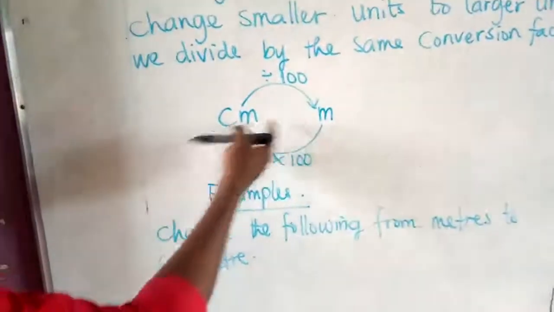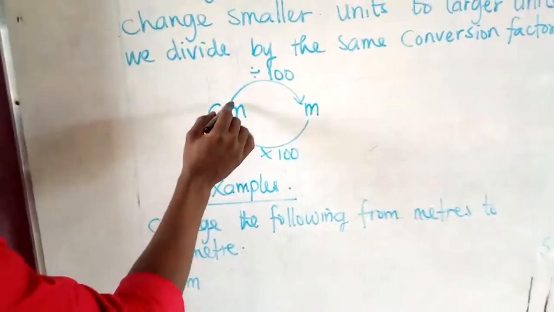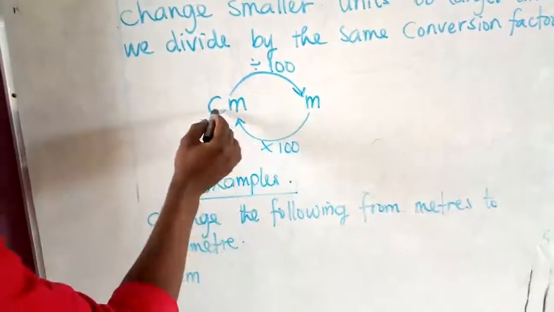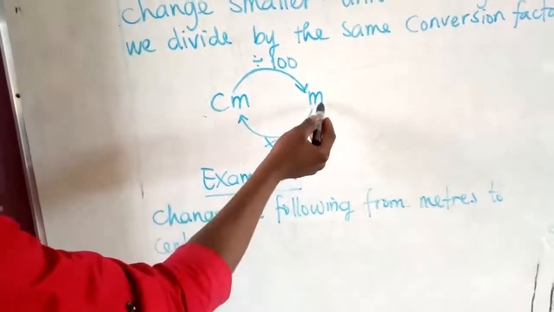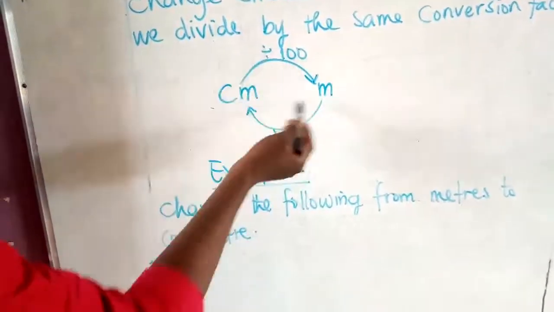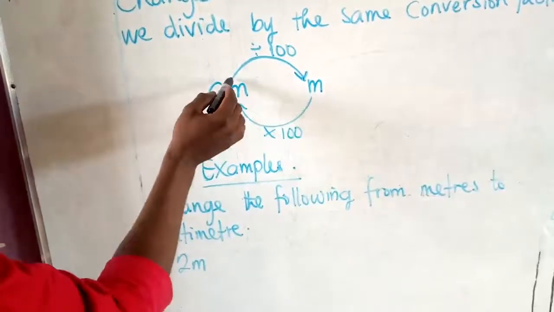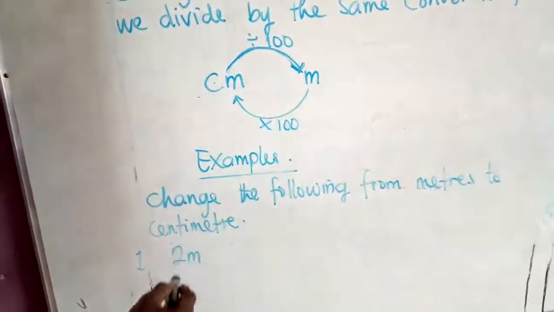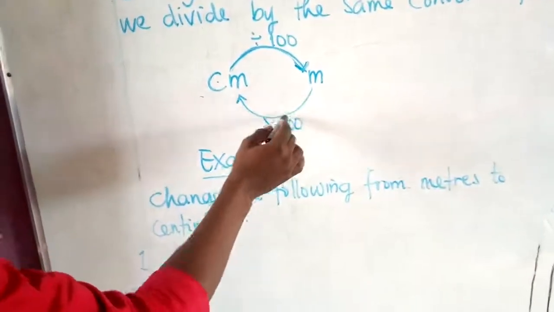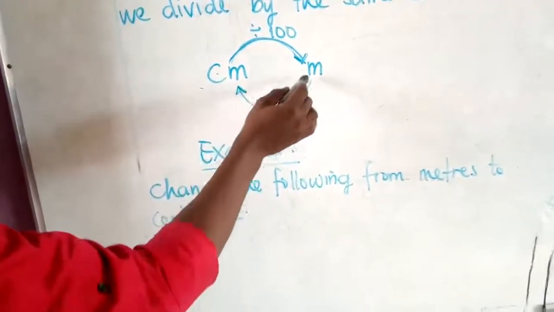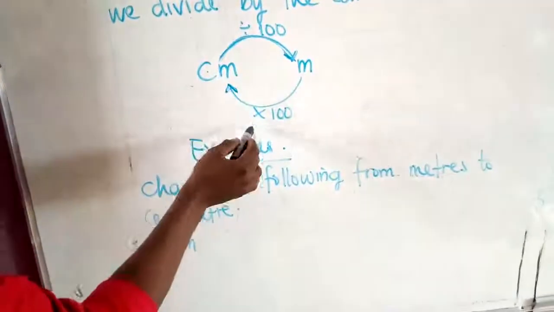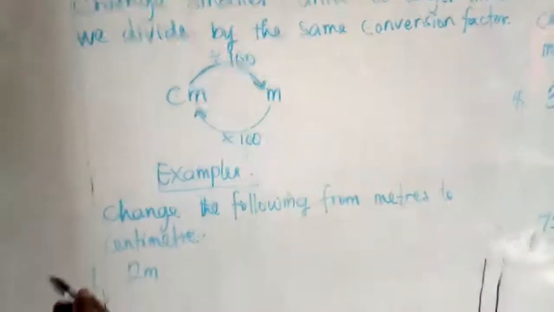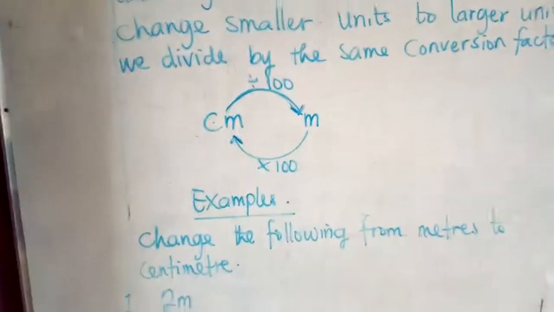I have centimeter and meter. Look at the direction of the arrow. Now we are changing from centimeter to meter. We divide by 100. From a smaller unit to a bigger unit, we divide by 100. And to change from a bigger unit to a smaller unit, that means from meter to centimeter, we multiply by 100. This 100 is the conversion factor.